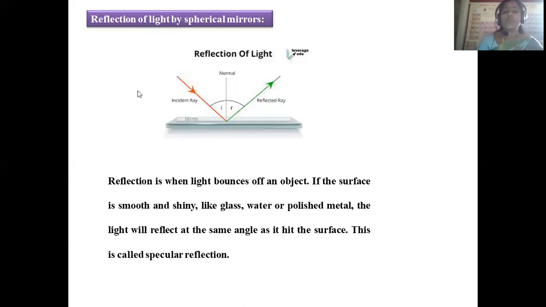Reflection is nothing but this. A very simple example we can notice in our daily life: take a glass of water, fill it up to half level, and insert a spoon into it. The spoon you are taking is in a straight line actually. When you keep it in water, what happens? You can observe that from the water surface, the spoon looks curved to some extent. But when you take the spoon out of the water, you can see it is in a straight line only.